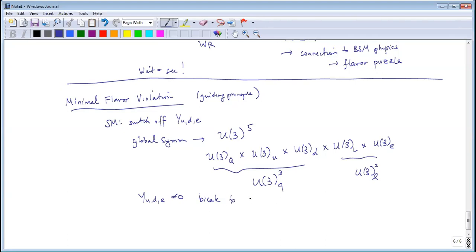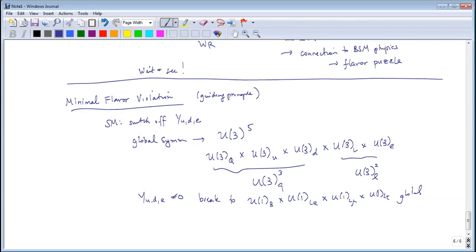I'm going to break this thing to U(1) baryon number cross U(1) L_e cross U(1) L_mu cross U(1) L_tau global symmetry. Okay.